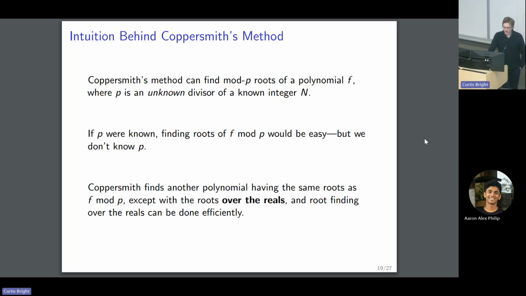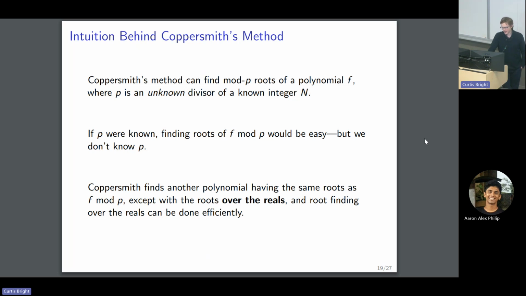Now, this is my one-slide summary of Coppersmith. His method is a root finding method, and it's almost miraculous because it finds roots of a polynomial mod p, where p is unknown, which seems, how could you possibly do that, because you don't know p?